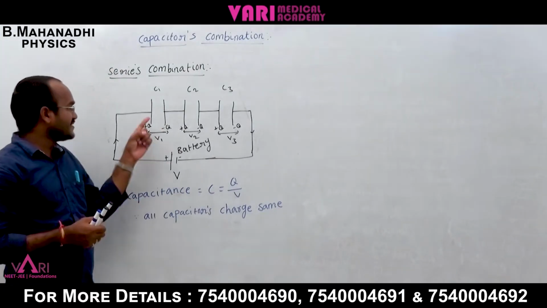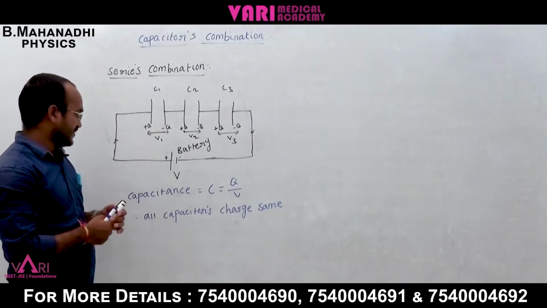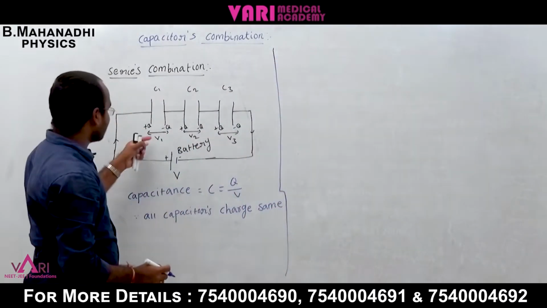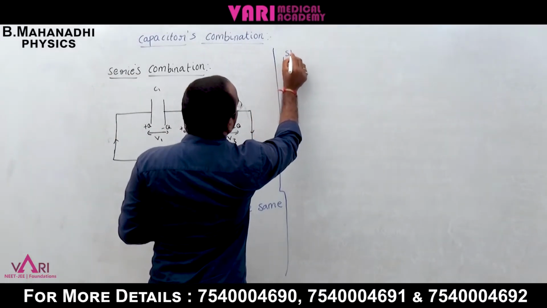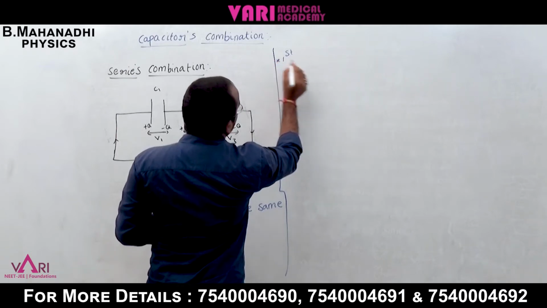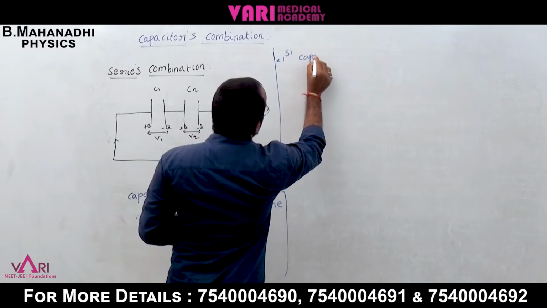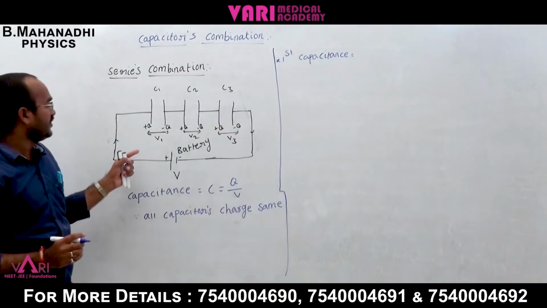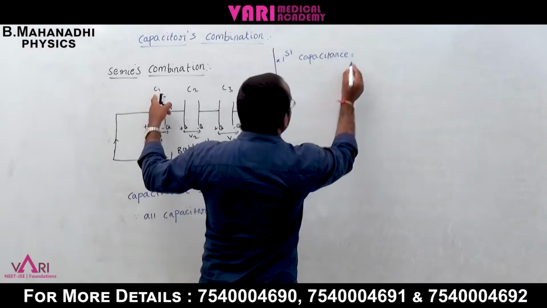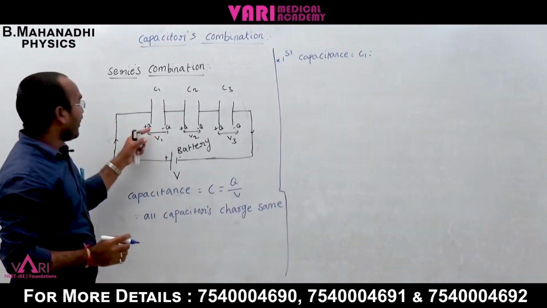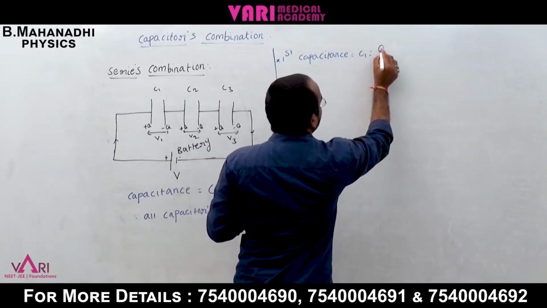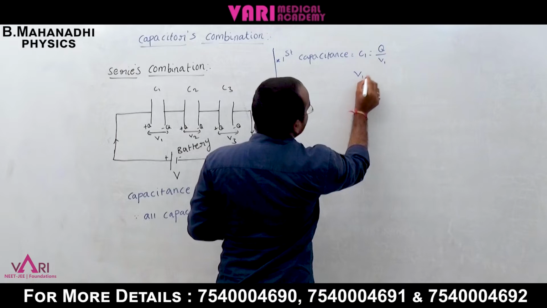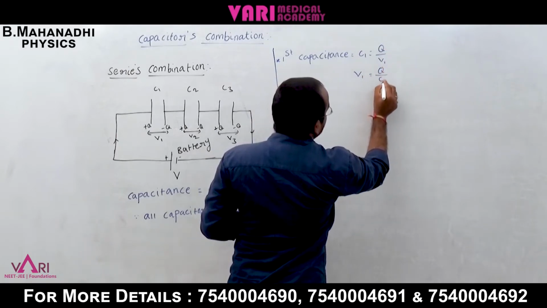Now, how much is the potential V1 of the first capacitor? For the first capacitor, C1 is equal to the charge, which is the same, Q, by the potential V1. So V1 is equal to Q by C1.